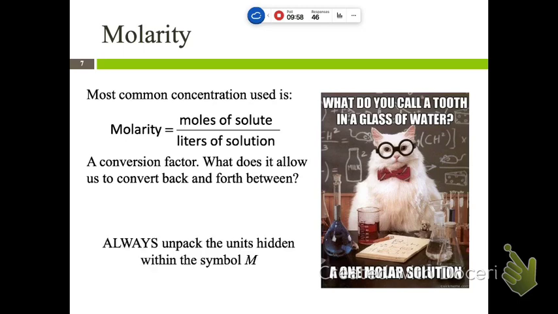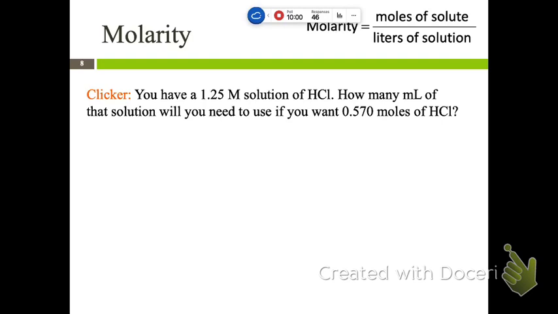Okay. So let's try to use some of these. Let's go ahead and figure out how much volume we would need. So we're at question number 6. Please write out your work. Think about any conversion factors we might have.